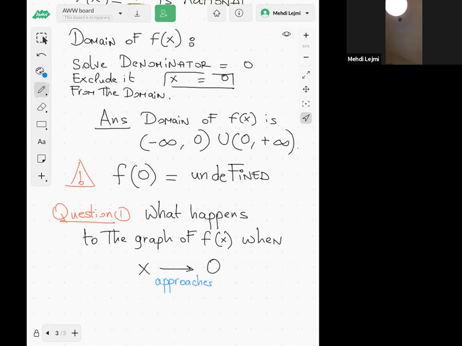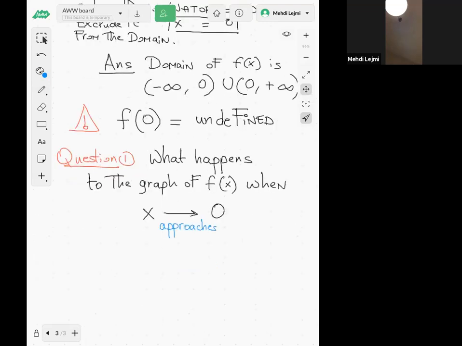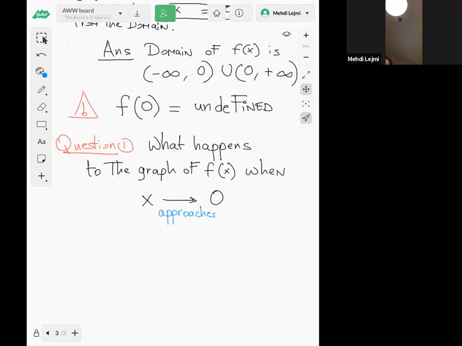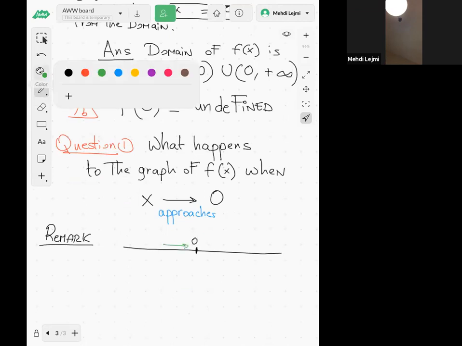What do I mean by approaches 0? It's like you are on the number line and you are getting closer and closer to 0. There are two different ways to approach 0: you can approach 0 from the left, or you can approach 0 from the right.